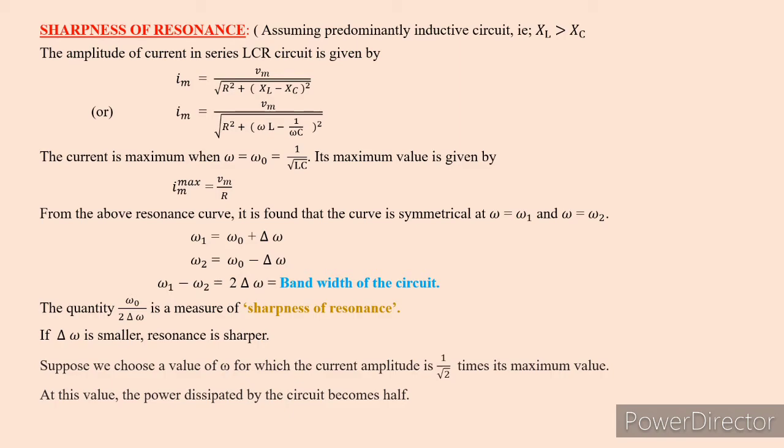The quantity omega naught divided by 2 delta omega is a measure of sharpness of resonance. If delta omega is smaller, resonance is sharper. Suppose we choose a value for omega for which the current amplitude is 1 by root 2 times its maximum value. At this value, the power dissipated by the circuit becomes half.